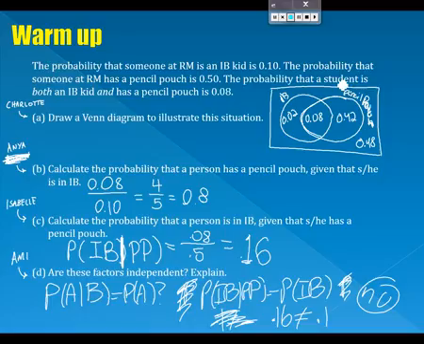And I revise my estimate of whether they are or aren't an IB student. I'm going to revise it from 10% to 16%, because now it's pretty clear that this person has a pencil pouch. And given that someone has a pencil pouch, the probability that they're IB is a little more. It's actually 16%. I made up all these numbers. Who knows? But you know what I mean?